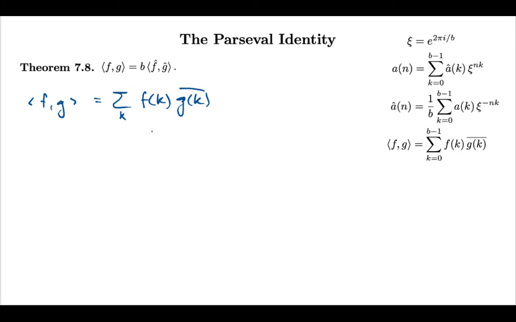Here already comes a triple sum, so I will now replace f by its Fourier series. My outside sum is over k, and then let's say my Fourier series is over m. So I have my Fourier coefficients and then my exponential, which will be xi to the k times m. And then I have a similar sum, let's say over n, for g.